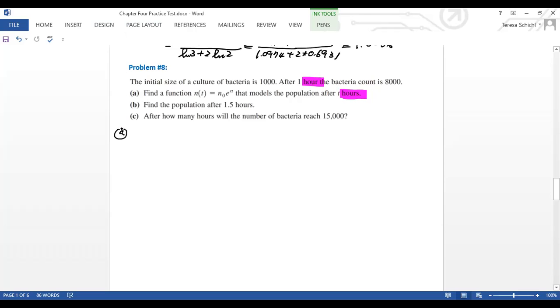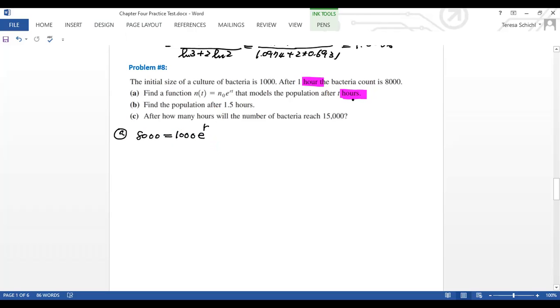So in order to find it, let's say 8,000, when the initial is 1,000, so it's 1,000 e to the r. I need to find my rate of change.